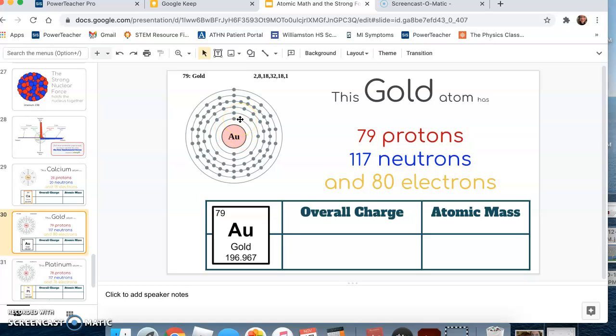As you get bigger atoms, there's going to be more neutrons to kind of keep it held together, I guess. So 79 plus 117 is going to be 196 atomic mass units. And if we're looking at the charge, I see 79 protons and 80 electrons. 1 electron is going to fall off, so that's going to be a -1 charge for that gold atom. And you can see there's the atomic mass unit there.